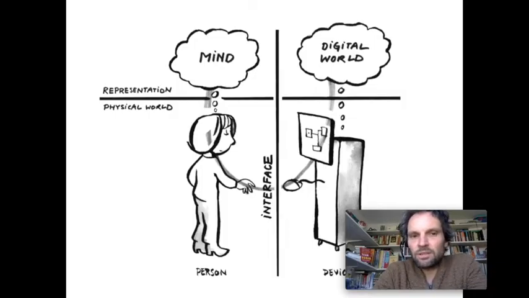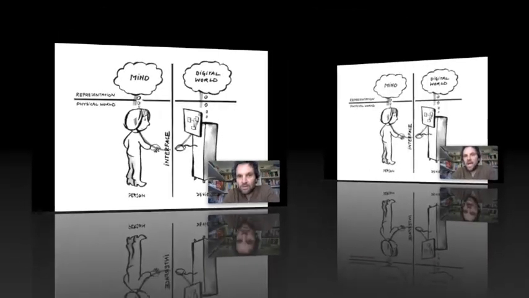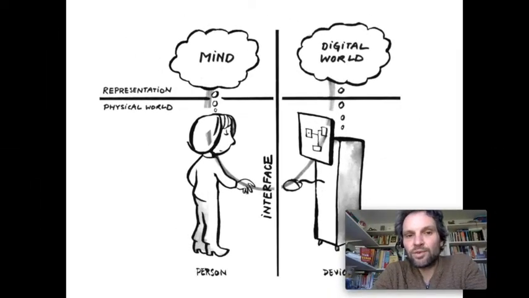So the basic theoretical conceptual model behind this is that a human user is separated, as we saw in lecture 1, into, on the one hand, a mind, which contains all the information that a person has and is thinking about, and on the other hand, the physical body through which this mind is interacting with the computer.